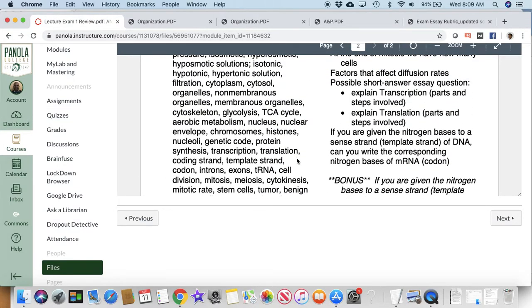And for Chapter 3, you could see an essay question asking you to explain transcription or asking you to explain translation. And in both, you need to know something about the parts that are involved and the steps that are involved.